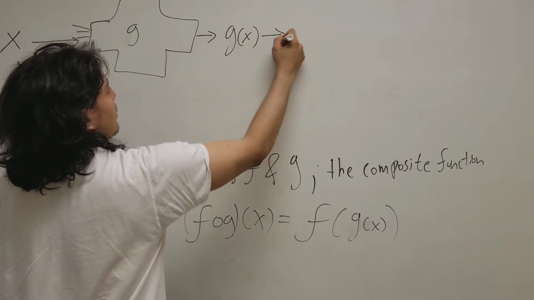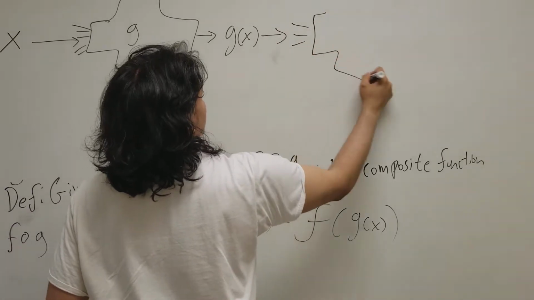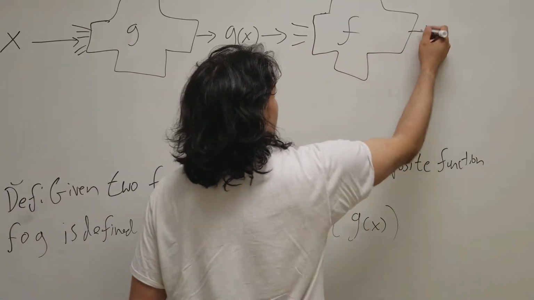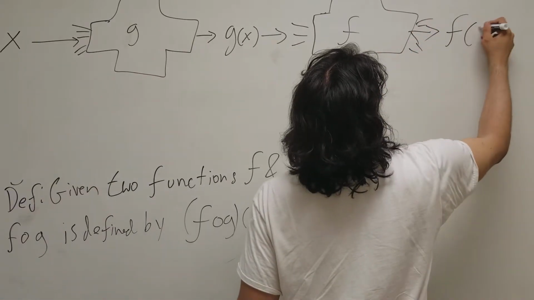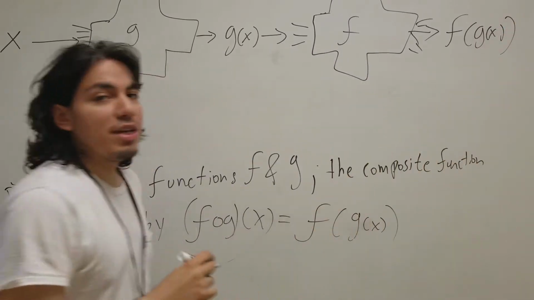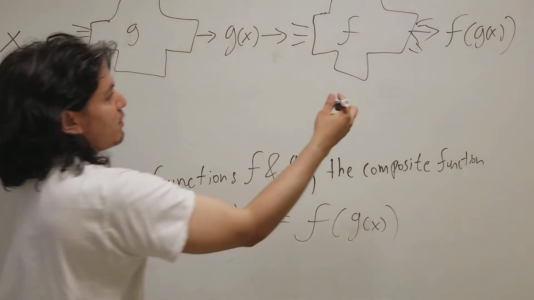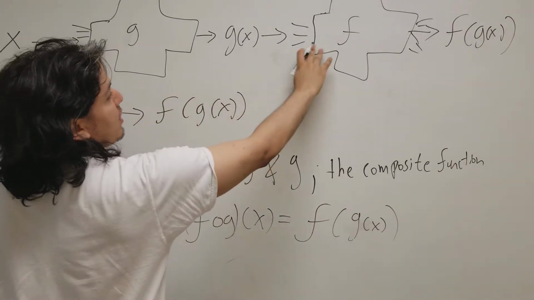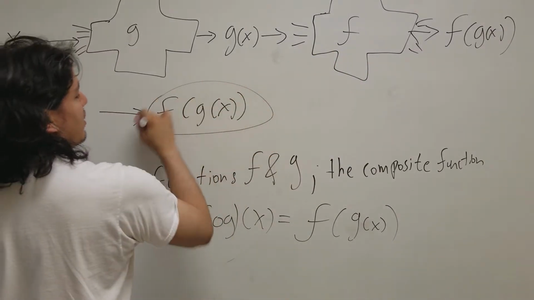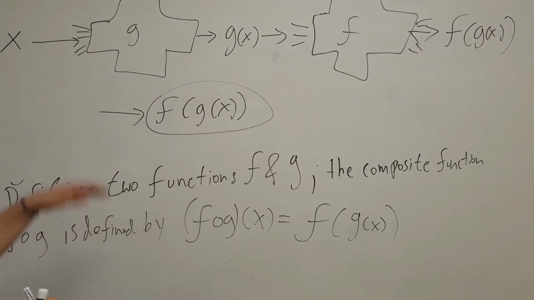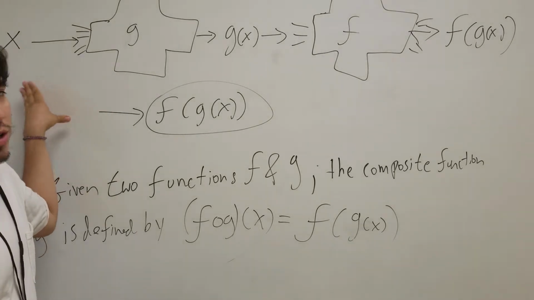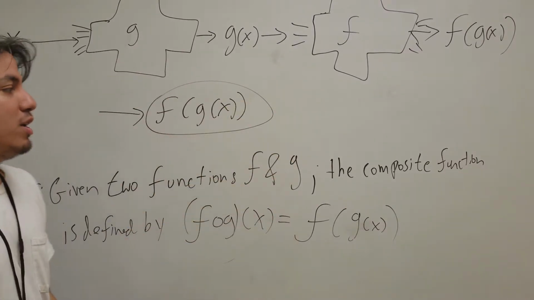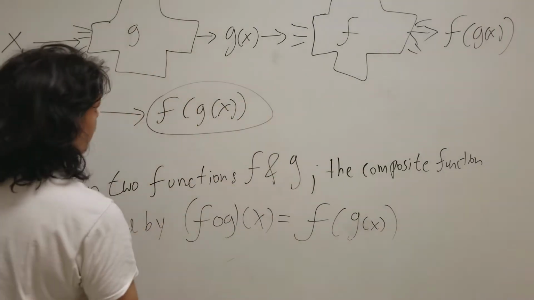Now we have another machine that sucks in this function and spits out the new function f of g of x, which you write as f composition g of x. So like I said, it's inception, in the sense that you have a dream within another dream. You take a function and put it within another function, getting something completely new.